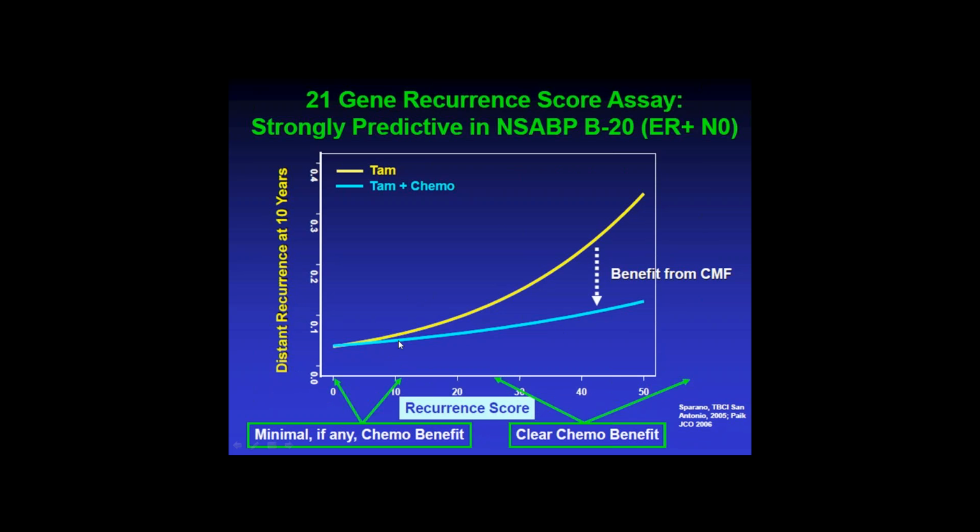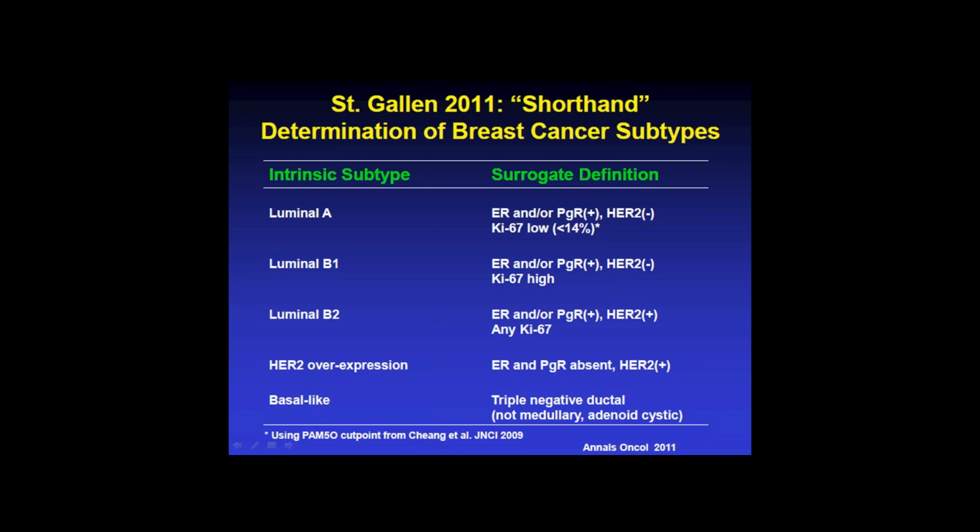And what it showed was 99% of patients were free of distant disease recurrence at 5 years if they had a recurrence score of 11 or less and got endocrine therapy, which basically means we're curing virtually all of them.